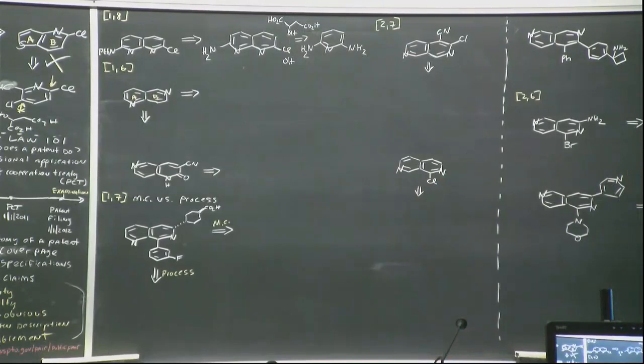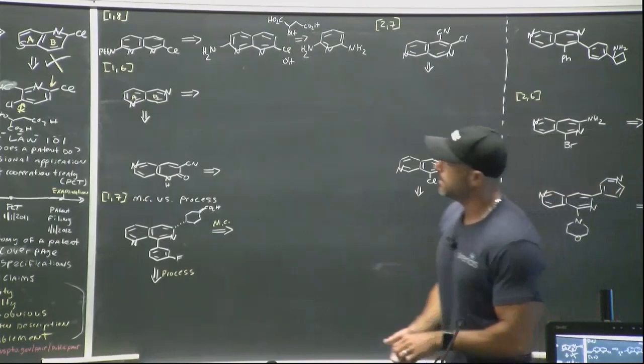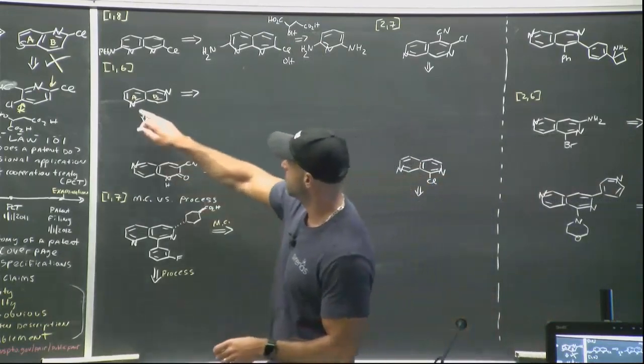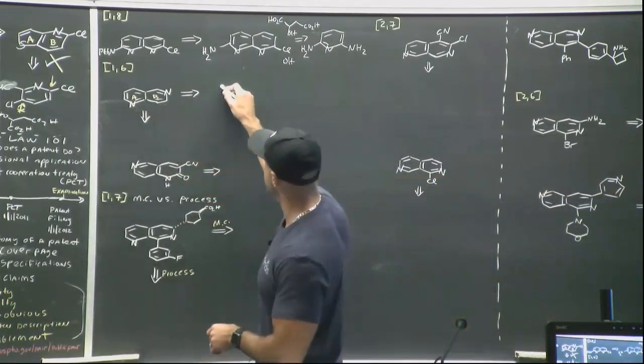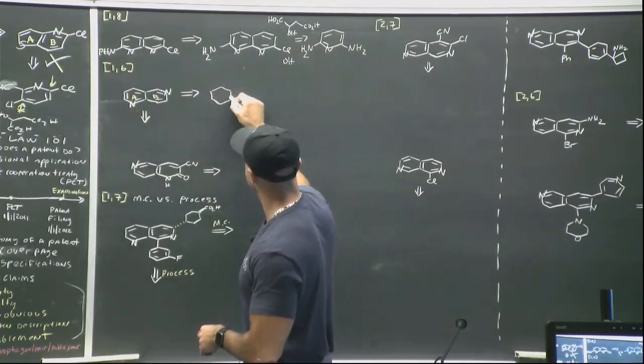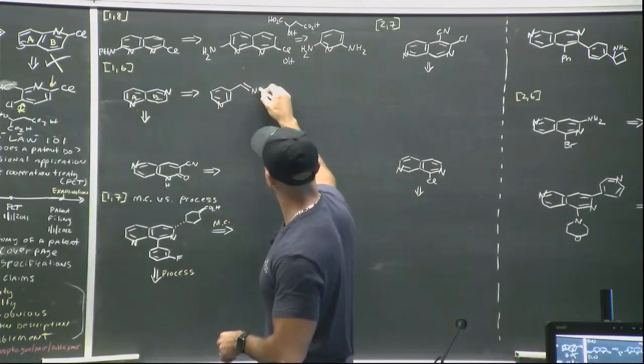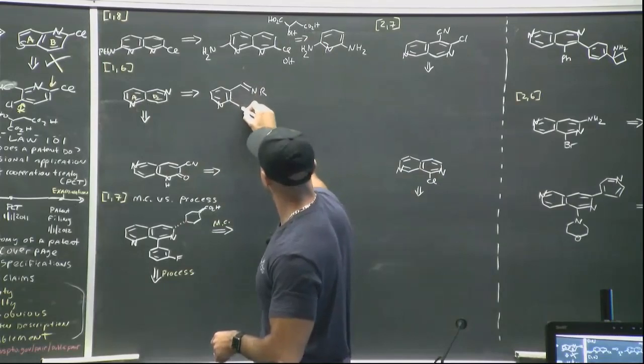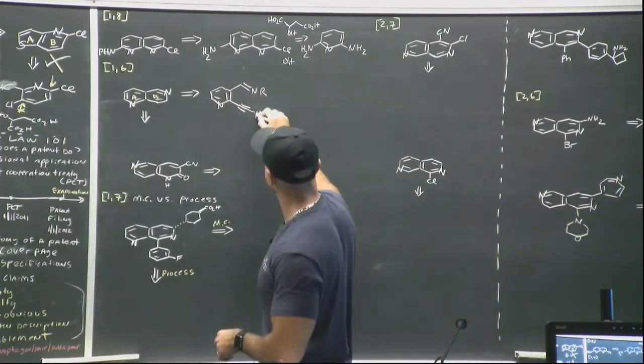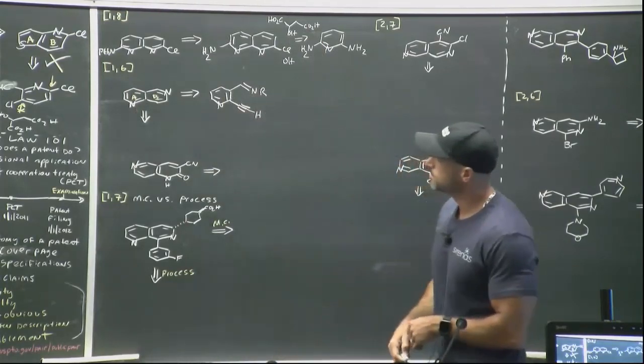Next one. We've got A and B. Let's think about both. If I make the disconnection of going from A to B, I probably need something that looks like that, perhaps.